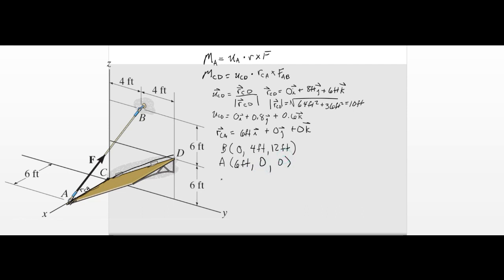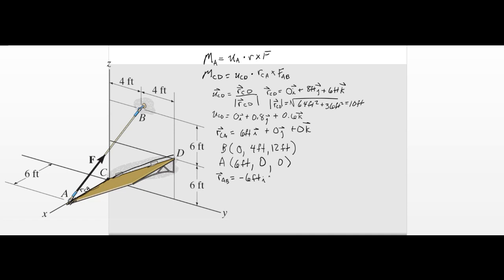All right. So then RAB is equal to minus 6 feet in the i, so 0 minus 6, right? 4 minus 0, 12 minus 0.